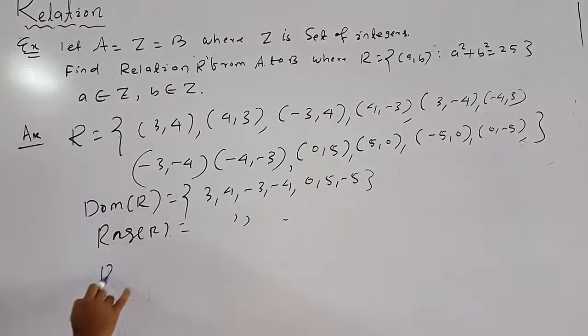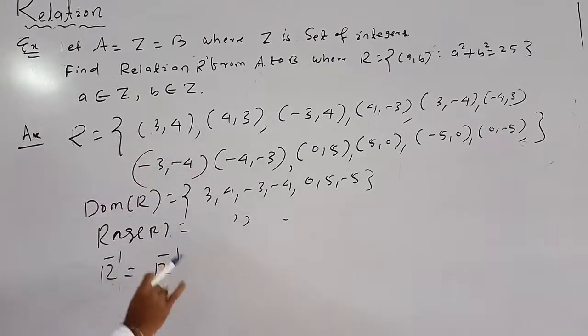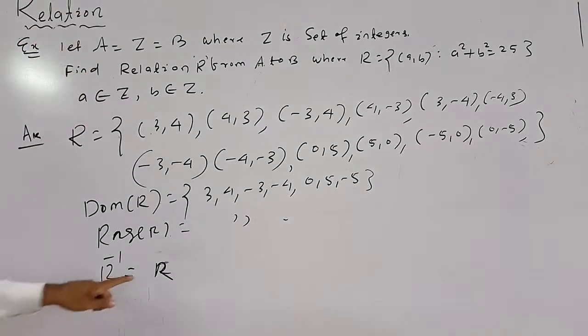And what will be R inverse? (3, 4) becomes (4, 3). Here R inverse is equal to R, because the two sets are equal. If two sets are equal then R is equal to R inverse. Okay, so the domain is equal to range and R is equal to R inverse. Okay, next we take another example.